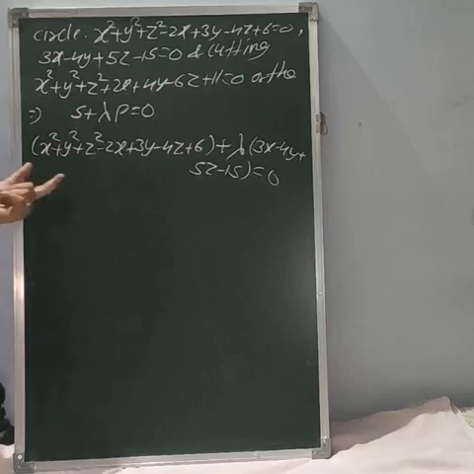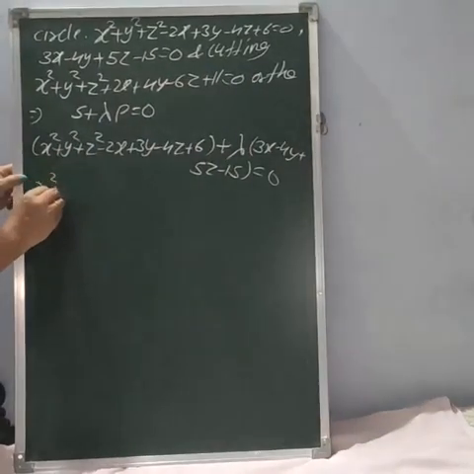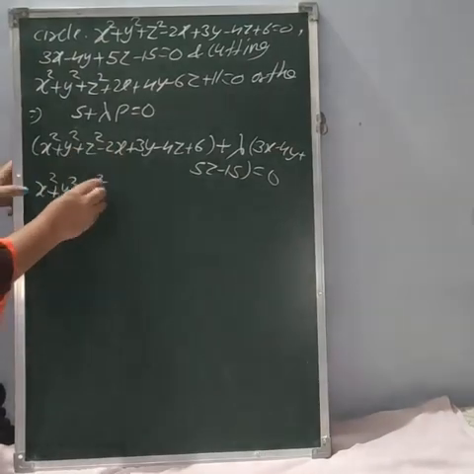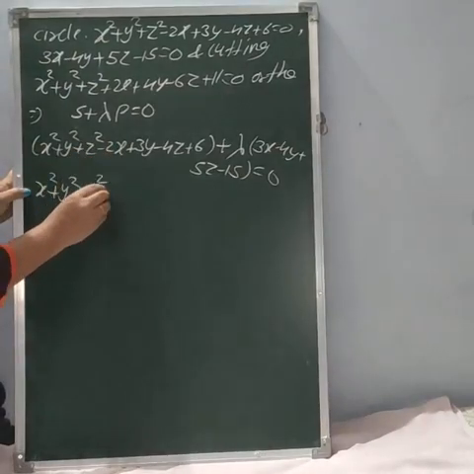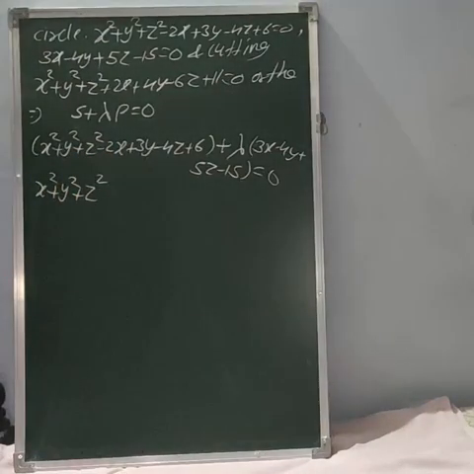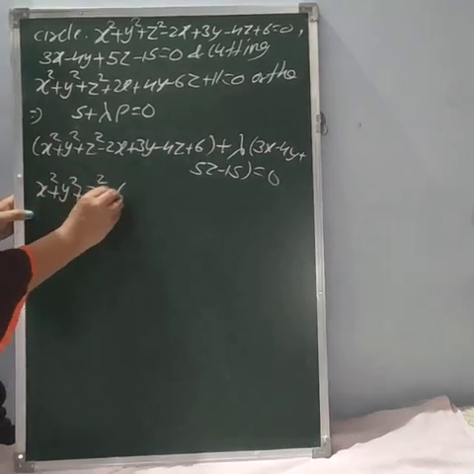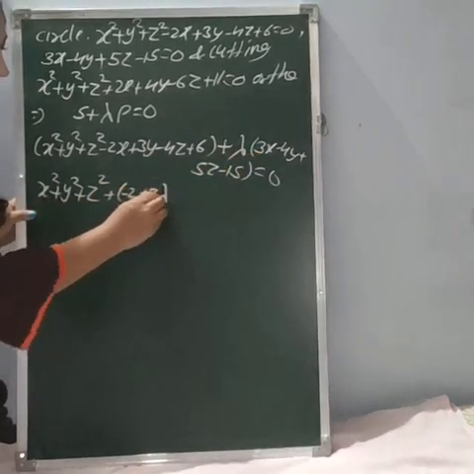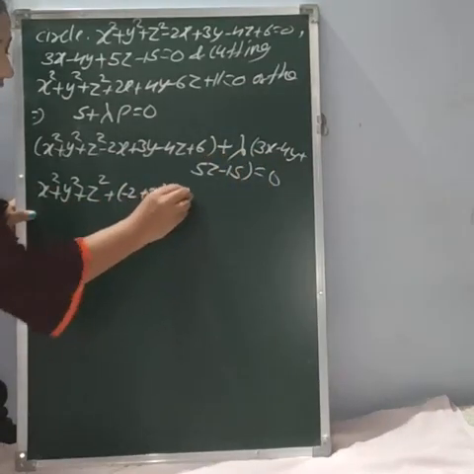Now we will solve this and try to write it in the standard form. First the x square, y square, z square terms. Then we want the x terms together. Taking x common, here we have minus 2, and here plus 3 lambda, so we get 3 lambda into x.